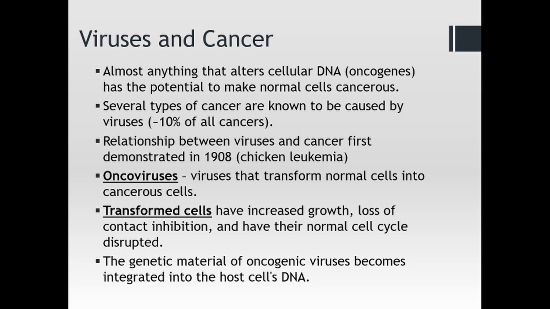They want the nucleic acids, and so they will cause this to happen. And then with oncogenic viruses, their genetic material gets integrated into the host cell DNA, and so that leads to more of them being produced later on because the instructions for making them get incorporated into the host cell DNA. So every time the host cell divides, so do the instructions to make more viruses.